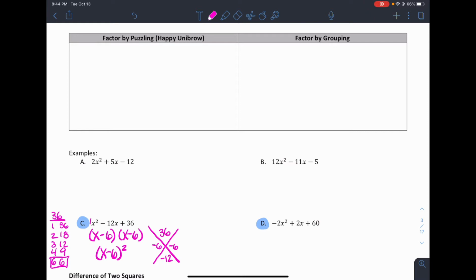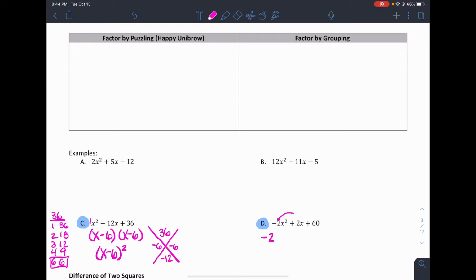On this next example, negative 2x squared plus 2x plus 60, it looks like this is one of the harder ones. The first thing I want you to notice is that this has a leading coefficient that is negative. I'm going to right away think, I want to factor out that negative. But not only can I factor out that negative, I can divide negative 2, 2, and 60 all by negative 2. So I'm going to do that.